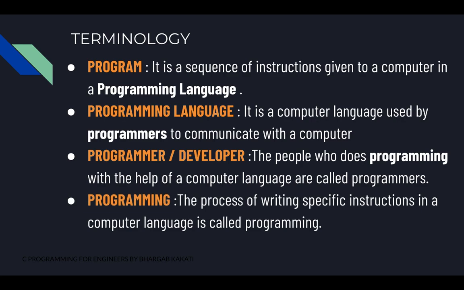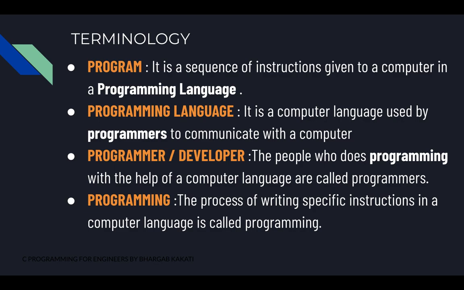The process of writing specific instructions in a computer language is called programming. So if you are writing a program in a programming language, what act are you performing? You are performing the act of programming.